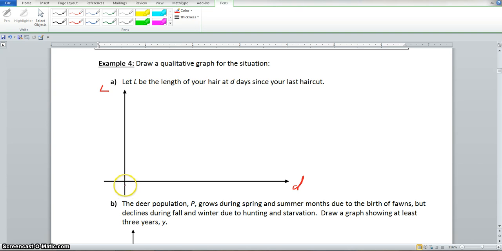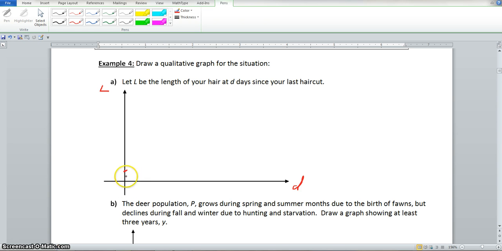Now, if you look here, on the first day, where the days and the length meet, that would be your origin. Okay, now, when you get your hair cut, most people do not get their hair cut bald. So you would not put a point at the origin. The origin means you have absolutely no hair on your head. So you would go up just slightly because remember, you did get your hair cut.